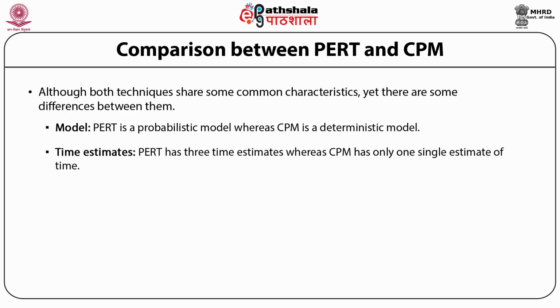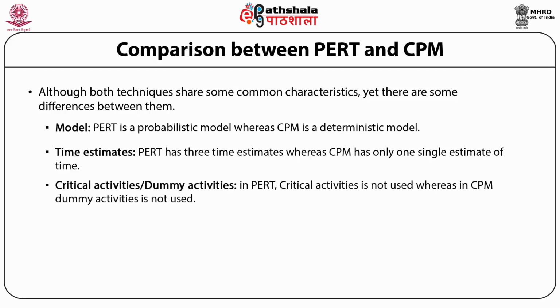PERT has 3 time estimates, whereas CPM has only one single estimate of time. Critical activities or dummy activities. In PERT, dummy activities are not used, whereas in CPM, critical activities are not used.